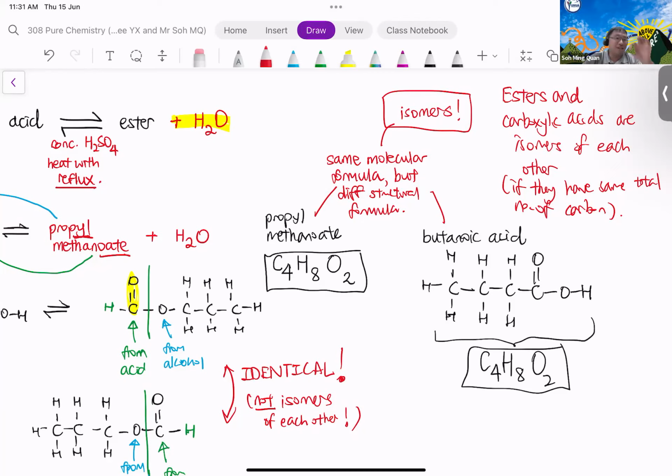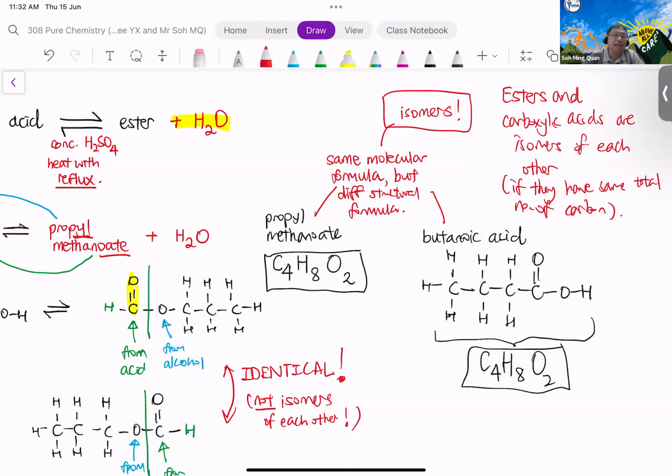We spent one lesson just calculating Mr of carboxylic acids and esters. This is to show you that esters may have the same molecular formula as carboxylic acids if they have the same total number of carbon atoms. Therefore, they are isomers of each other.